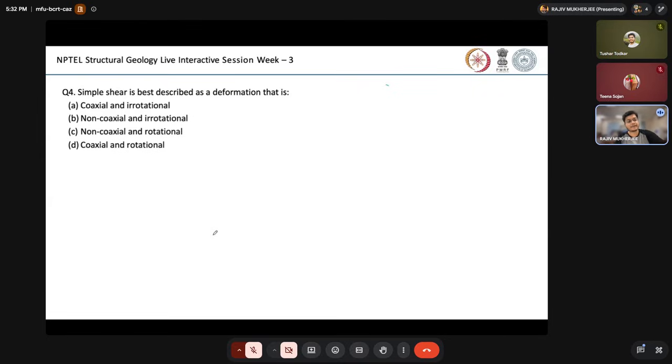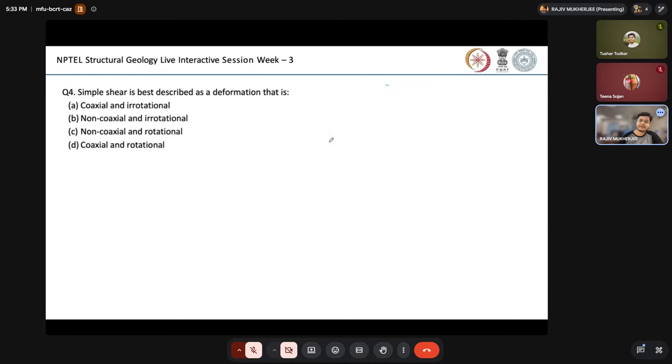So immediately following the previous question, it is easy to guess what the correct answer will be. Is it option D? No, actually, simple shear is non-coaxial and rotational.